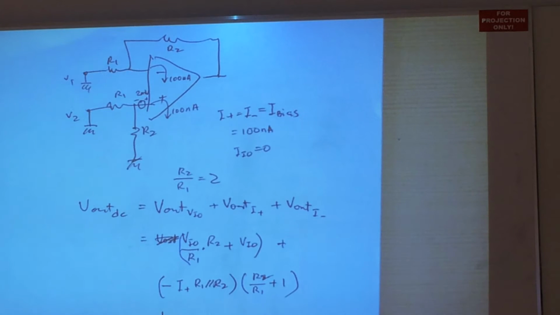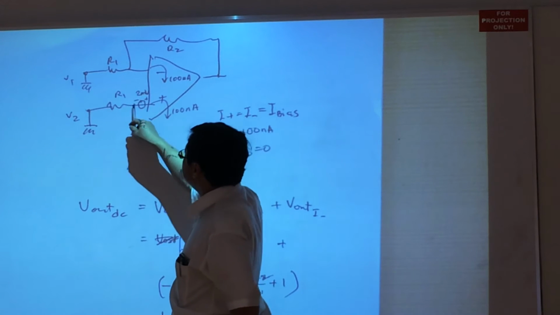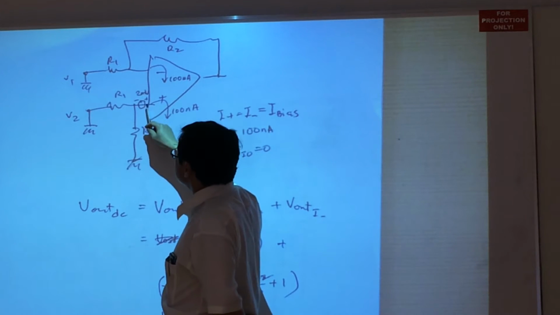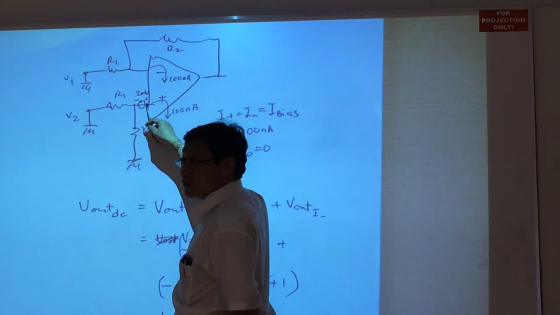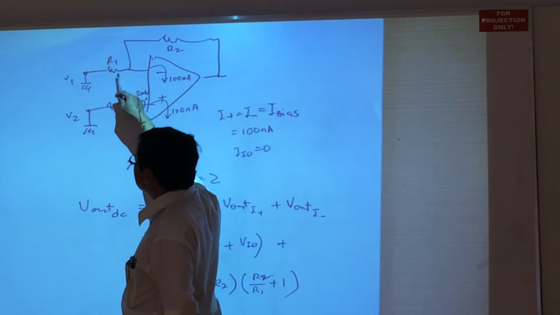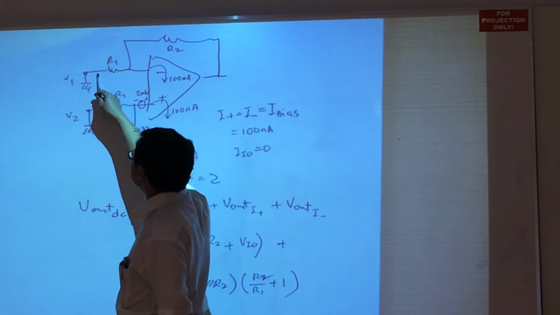When you're dealing with I minus, you kill I plus, you kill V offset, and therefore there's no voltage contributed at this node, so this is 0. Now since this is also killed, the voltage at this node is 0. Now since this voltage is 0, this becomes virtual ground. Then since this is virtual ground, there's no current flowing through R1.